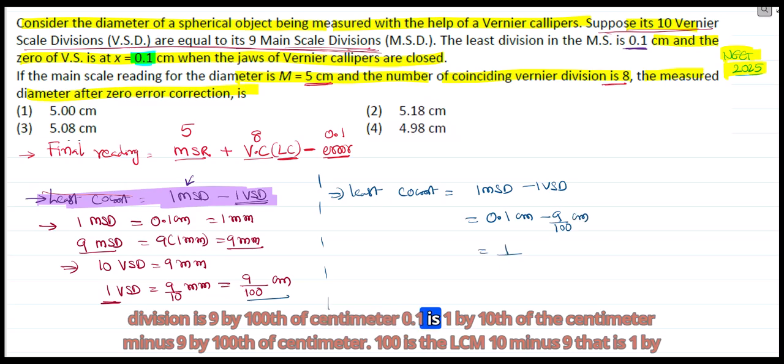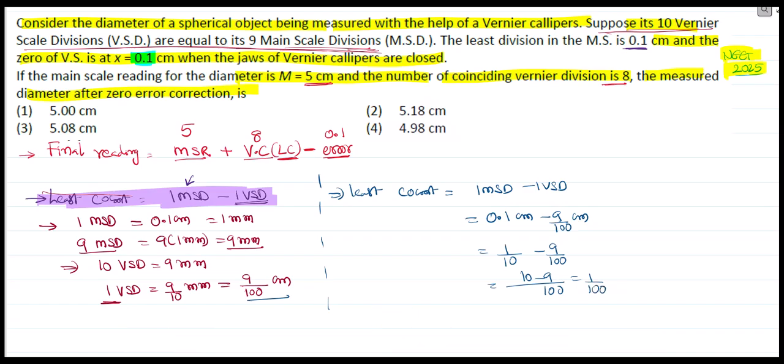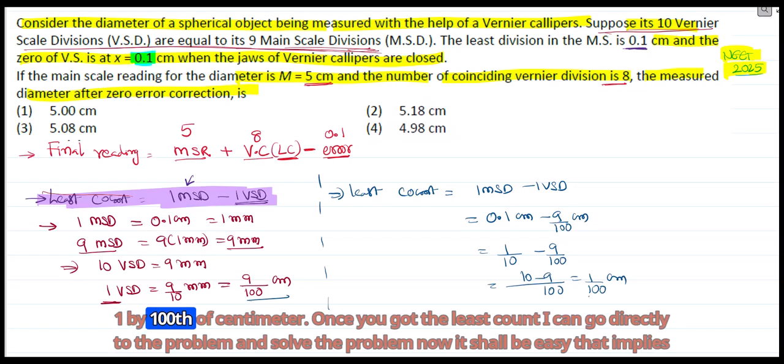So 0.1 is 1 by 10th of a centimeter minus 9 by 100th of a centimeter. 100 is the LCM, 10 minus 9, that is 1 by 100. So the least count in the problem is 1 by 100th of a centimeter. Once you have the least count, I can go directly to the problem and solve it. Now it shall be easy.